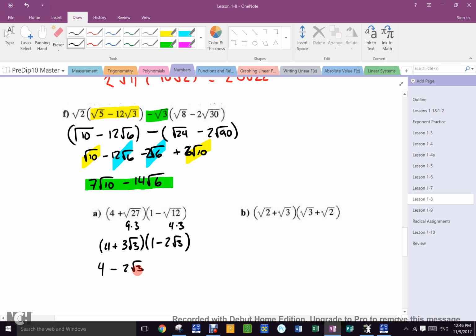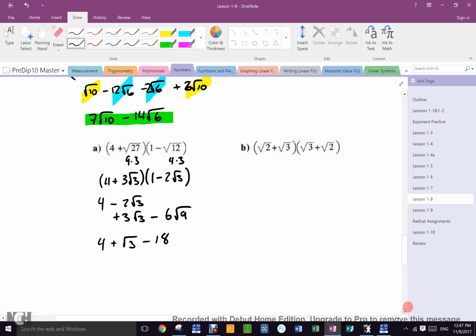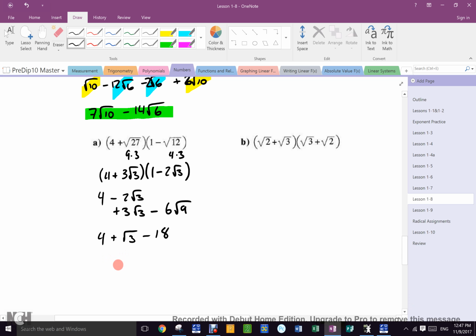Minus 2 root 3 plus 3 root 3 minus 6 root 9. 4 plus root 3 minus 6 times 3 is 18. Am I done? No, because it's root 3 minus 14. Is everybody good? 4 minus 3, or is it 4 minus 8?